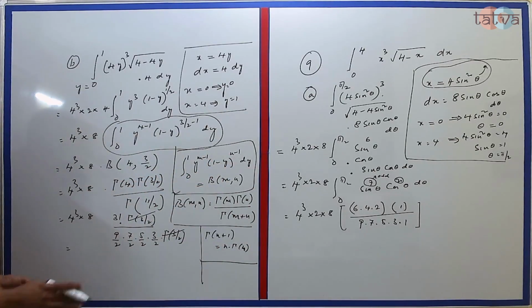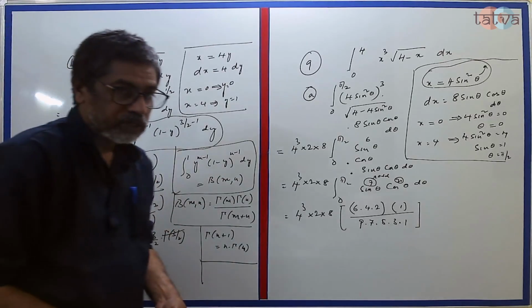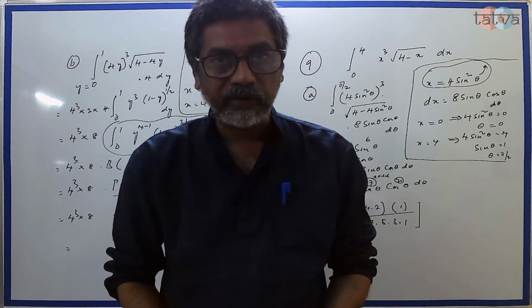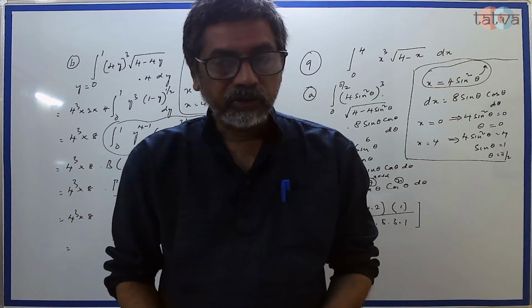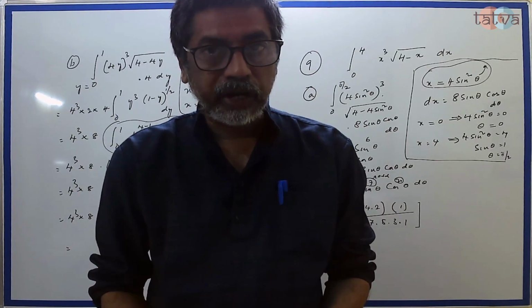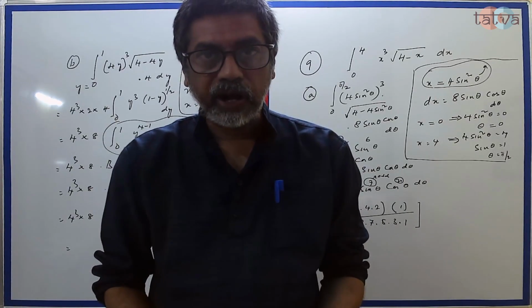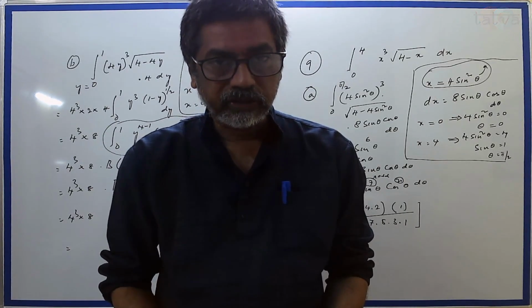So there are two ways of doing such problems. One is by the classical method, and one is using special functions called the gamma and beta functions. So dear friends, unless you are equipped at this level, you are going to face serious problems when you handle multiple integrals.